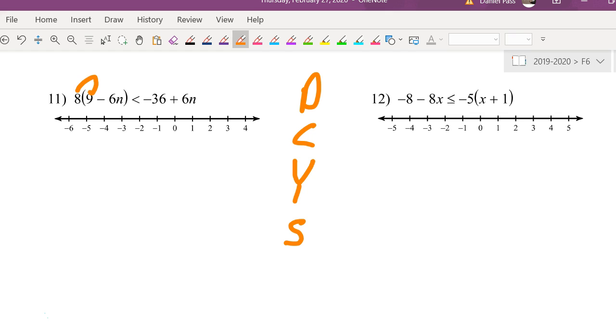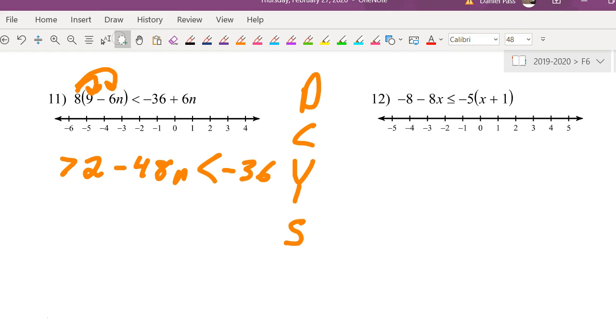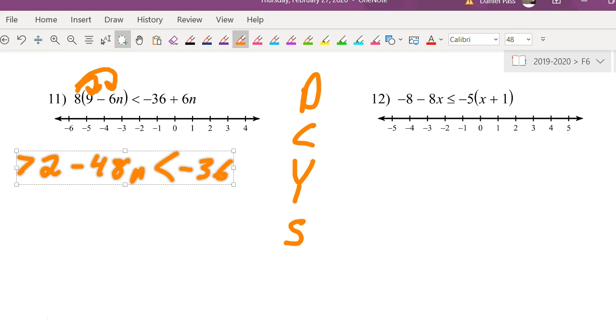First thing is distribute. So we're going to distribute 72 minus something, 48n, is less than negative 36 plus something. What is that something? Plus 6n. Here we go.